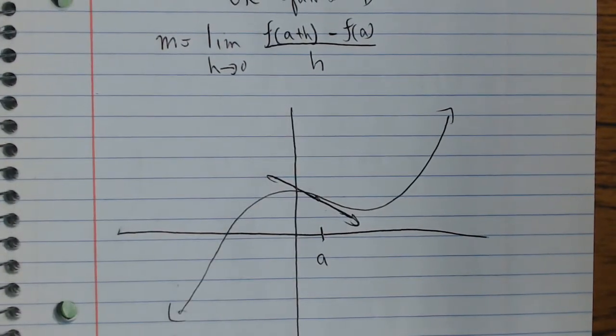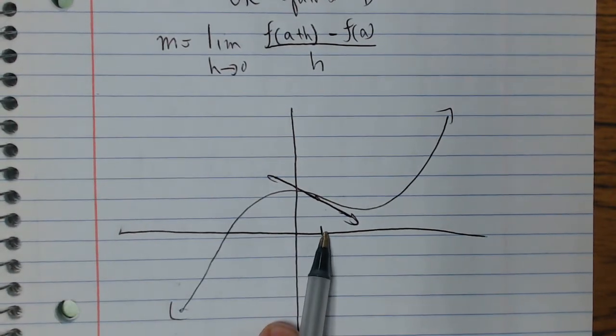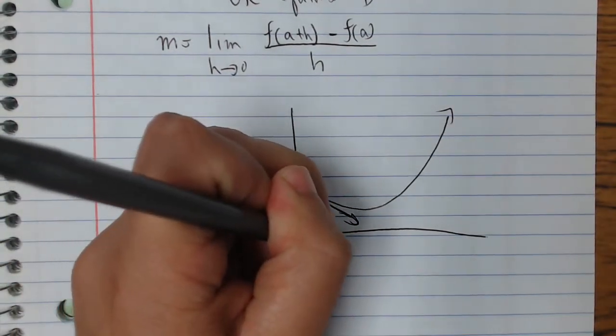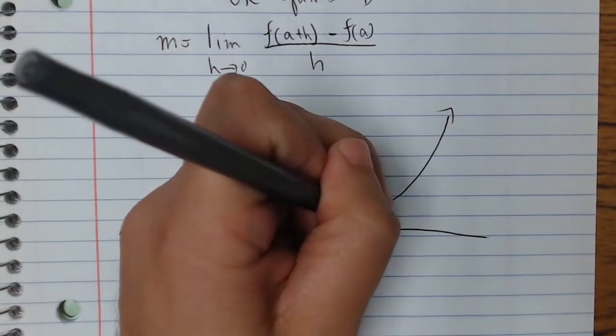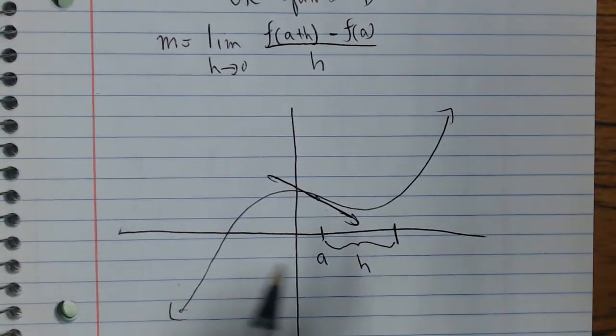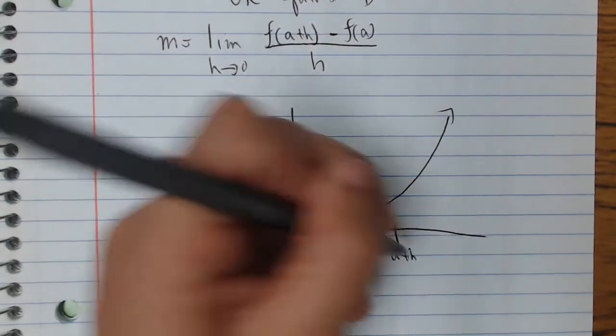But what's happening? So h is now some distance away from a. So think of it this way. If I call this distance h, what's this x value? This x value becomes a plus h.